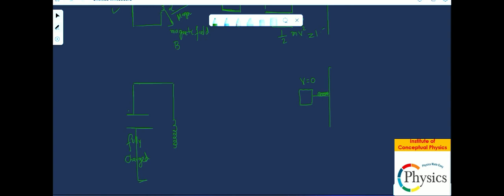So whenever the charge is stationary, it corresponds to potential energy, which is electric field. So there is no half Li square. So half Li square is equal to 0. And the complete energy is stored in the form of electrostatic energy.